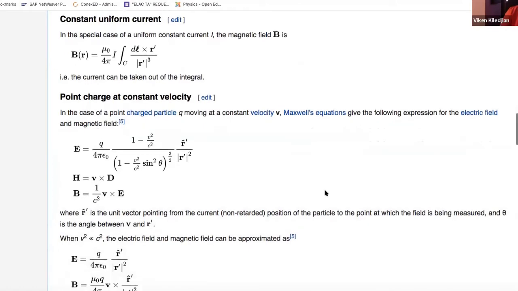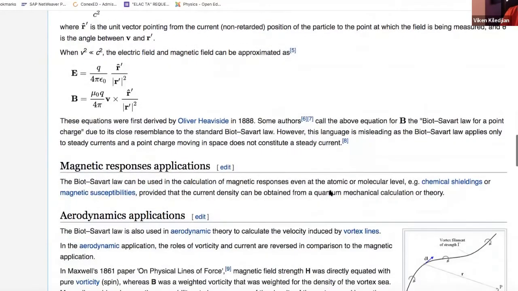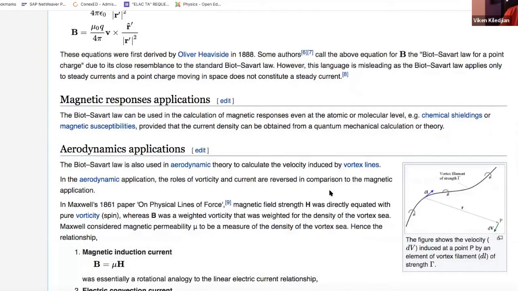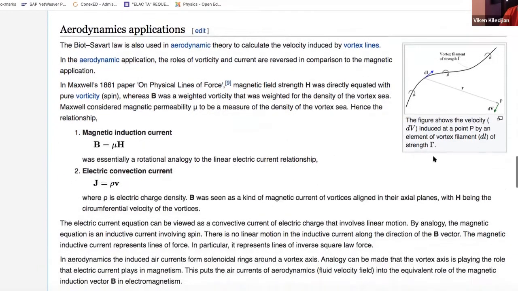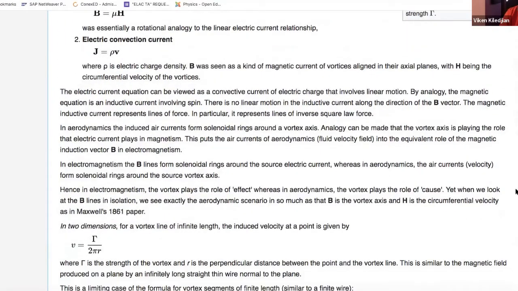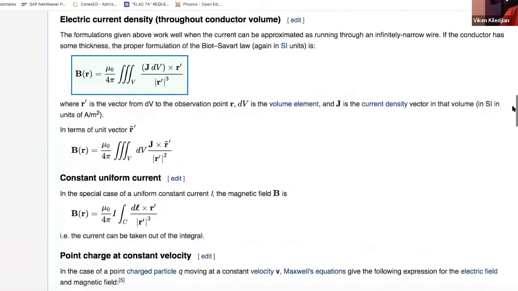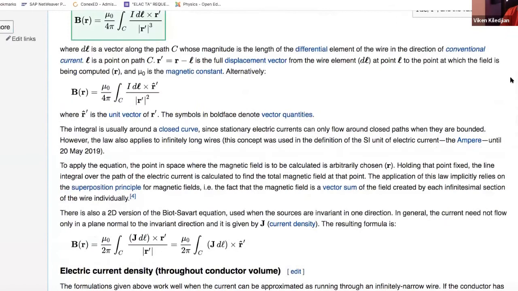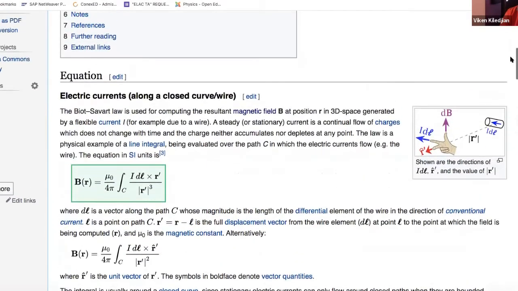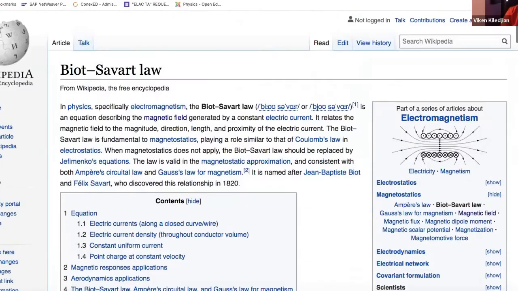Let's see, where is the constant mu 0? They're not giving it to us here, but we could look it up.